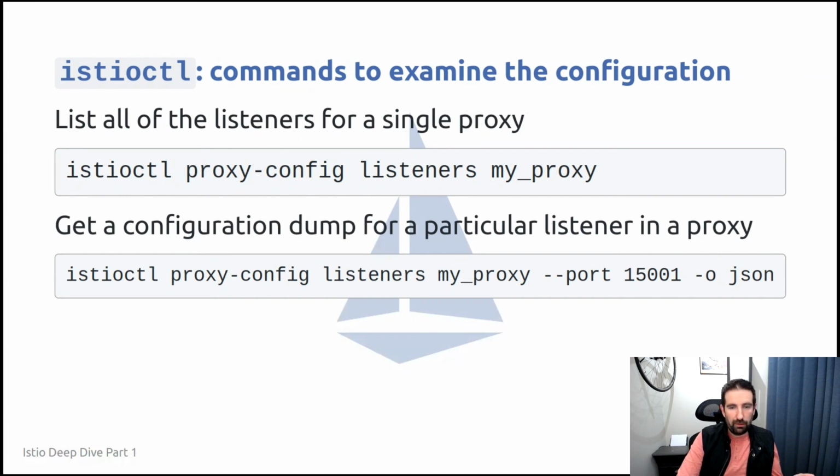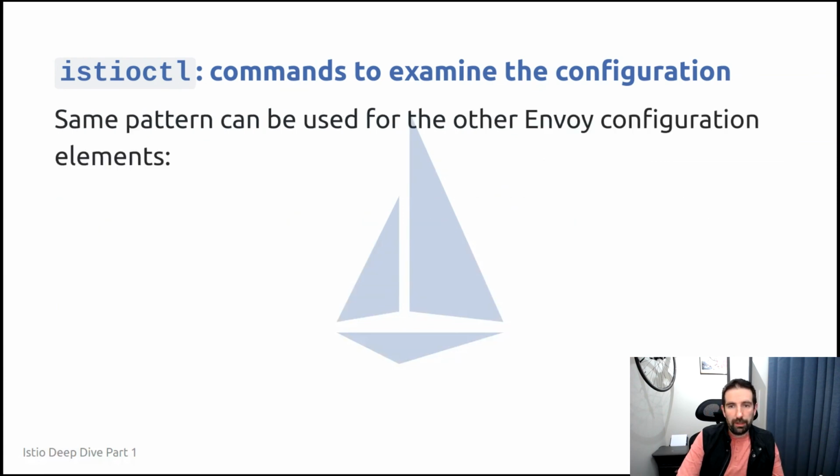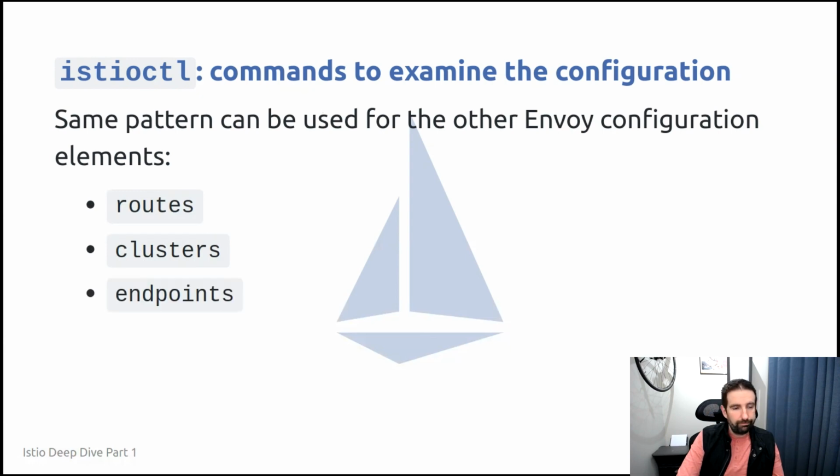For example, we can use it to list all of the listeners for a particular proxy. We can also use it to get a configuration dump of a particular listener in a particular proxy. We can also use the same pattern for the other Envoy configuration elements, such as the routes, the clusters, and the endpoints.